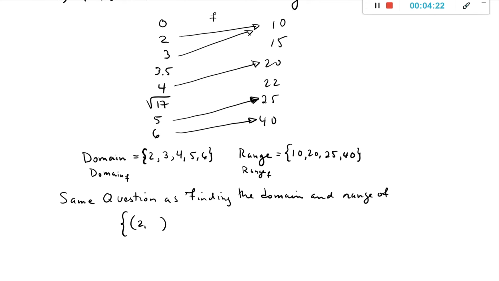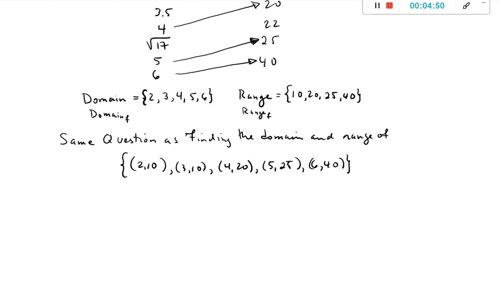So if you've got (2, 10), that means to 2 you associate 10; (3, 10), (4, 20), (5, 25), and (6, 40). That's actually how this example is presented in the book, but I thought I'd start with a little diagram first. I think it's clearer this way. So the same answer would come out of this other question.